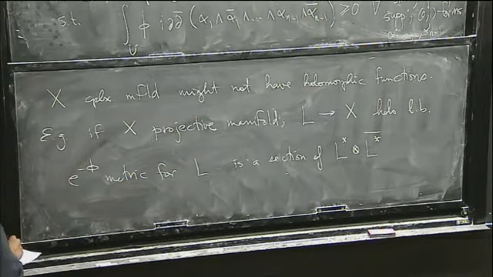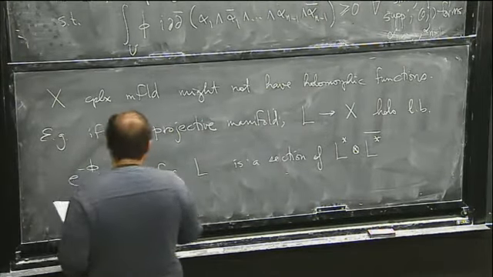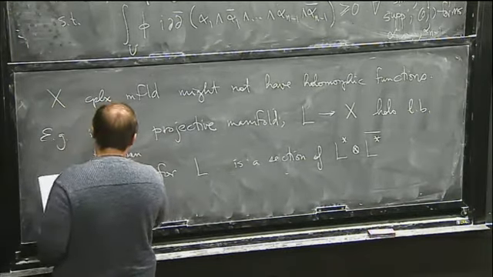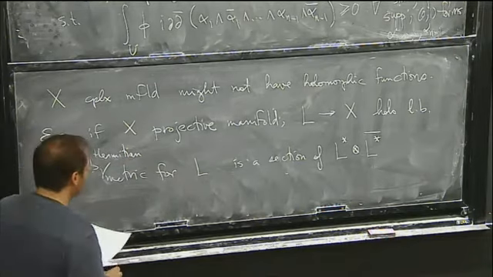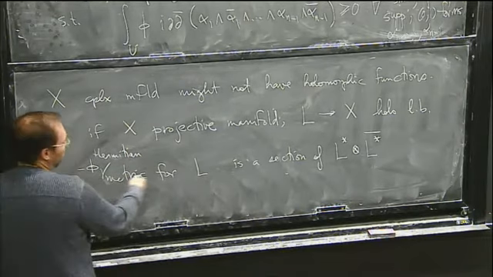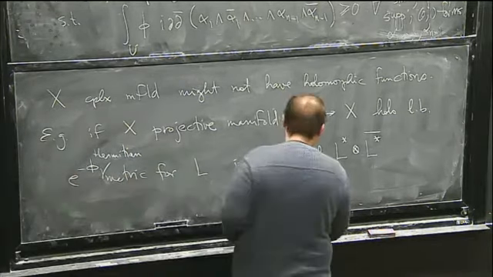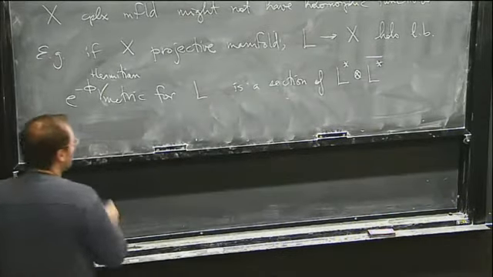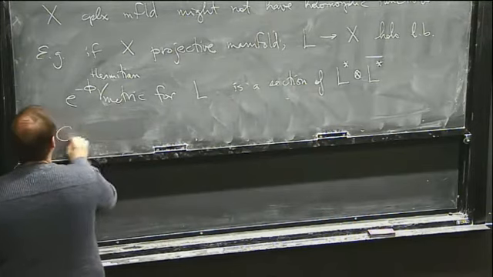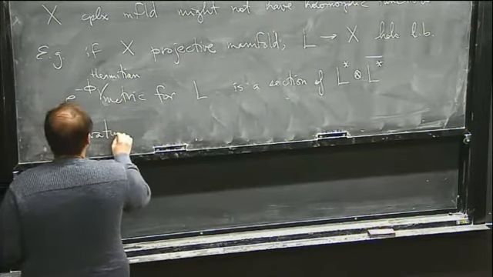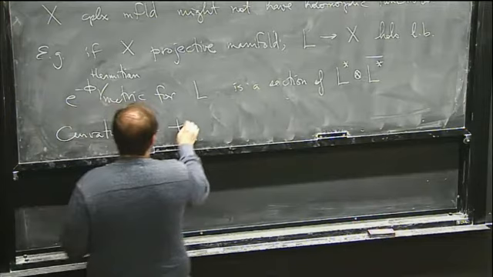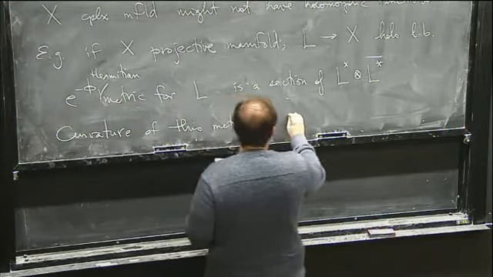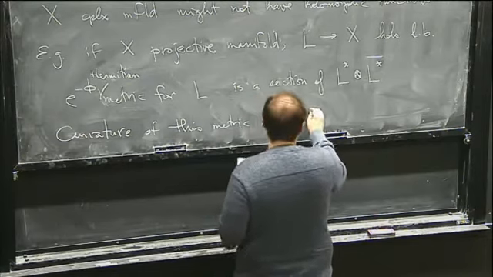And if it's Hermitian, then it will satisfy certain Hermitian symmetries. And then if you have one of these metrics, and L is a holomorphic line bundle, it has a d bar operator, then the curvature is just d bar of this function phi.